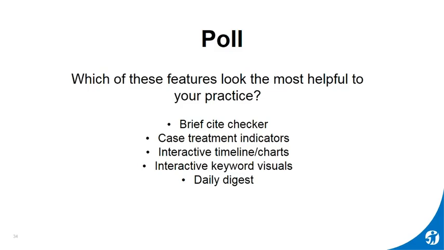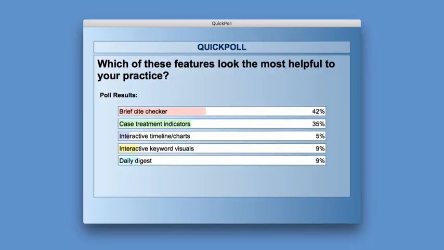If you can please select one of those on the poll, and we'll see the results in just a few seconds. And majority has voted. I will close the polls, and results are in. So which of these features look the most helpful to your practice?